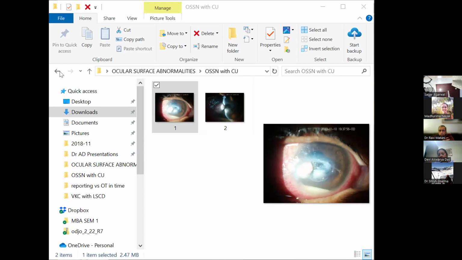She has been having this since 2 months, and now that she has had an ulceration, she's complaining of pain. So it could be due to direct tumor invasion, or it could be just a Dellen effect secondary to the tumor. Suppose you had a pterygium instead of this tumor, coming in up till here, and then you had this ulceration ahead of it. That is how it is behaving like a Dellen.